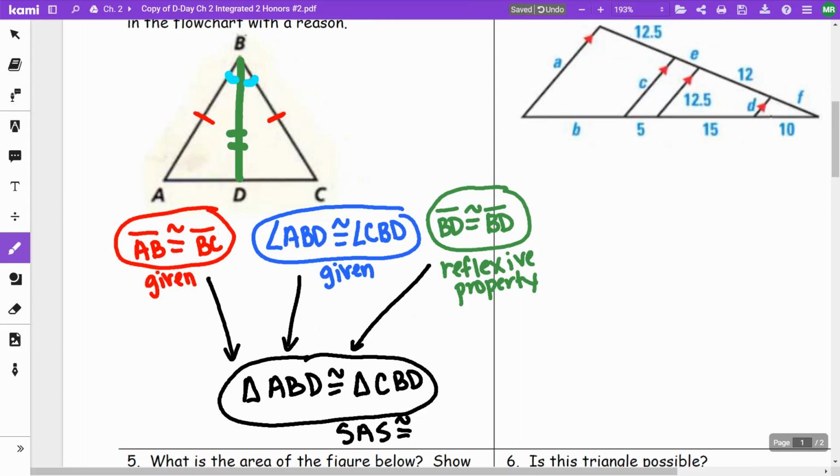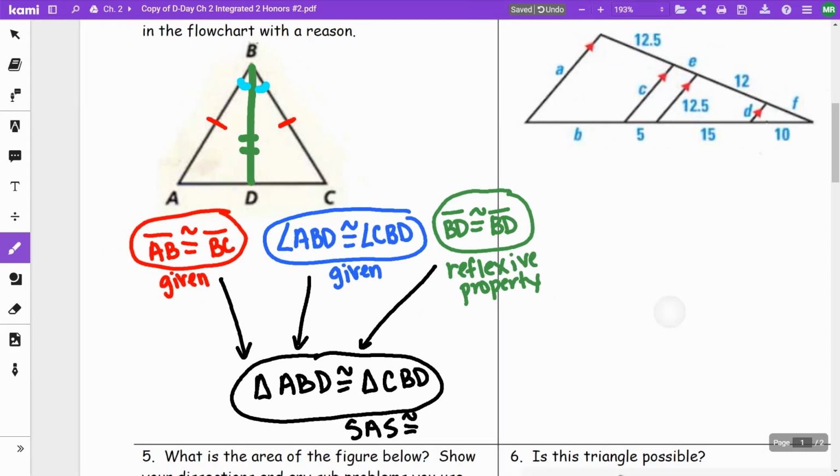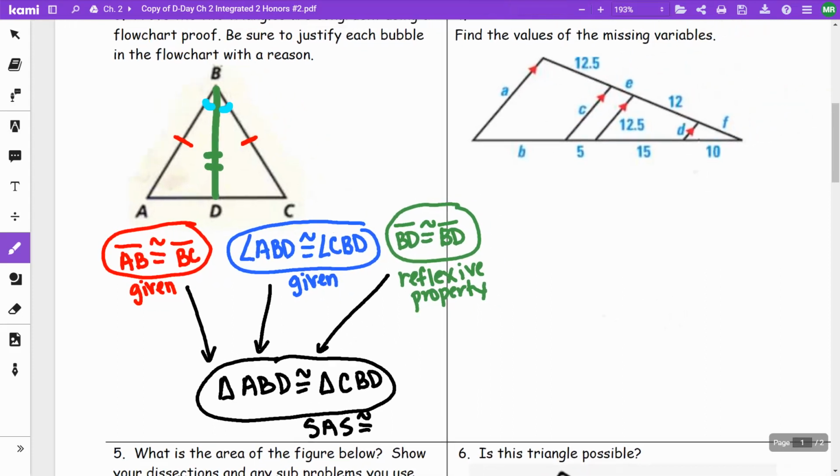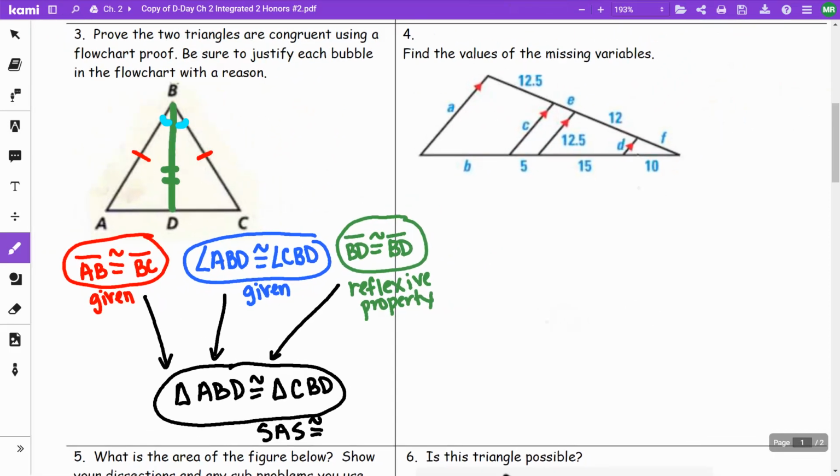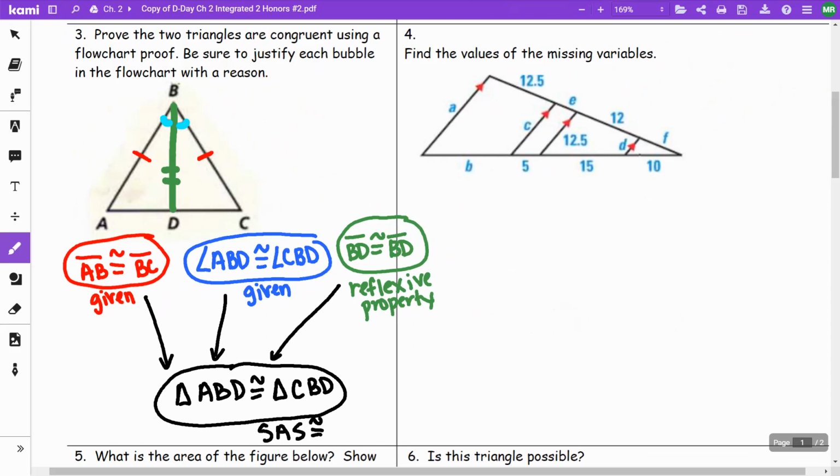Okay. Now on the next problem, this is going to be where we're dealing with part side splitter and part just similar triangles.